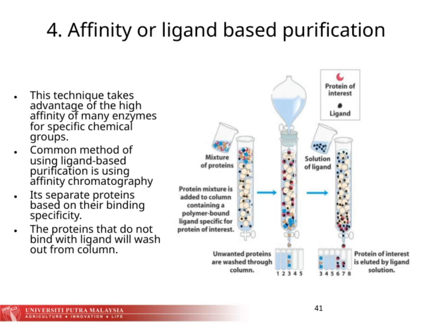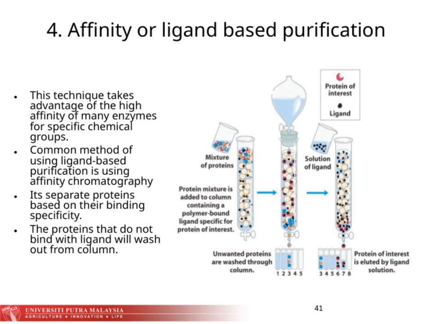This technique takes advantage of the high affinity that many enzymes have for specific chemical groups. It's a clever way to isolate proteins based on their unique binding properties. The most common method used here is affinity chromatography, which leverages these specific interactions. Essentially, proteins are separated according to their binding specificity to a ligand attached to the chromatography matrix.